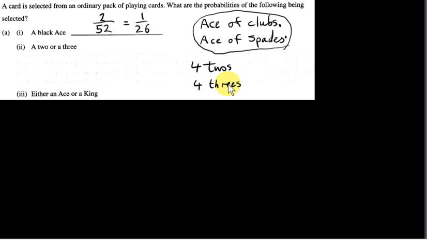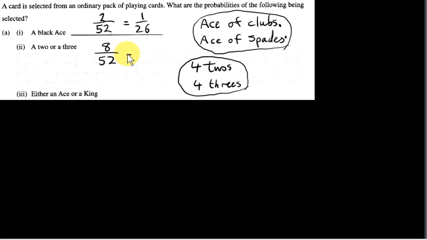So we could have the 2 or the 3 of clubs, spades, hearts or diamonds. So we're dealing with an event that consists of 8 elements. So the probability of getting a 2 or a 3 is the number of elements, which is 8, divided by 52.